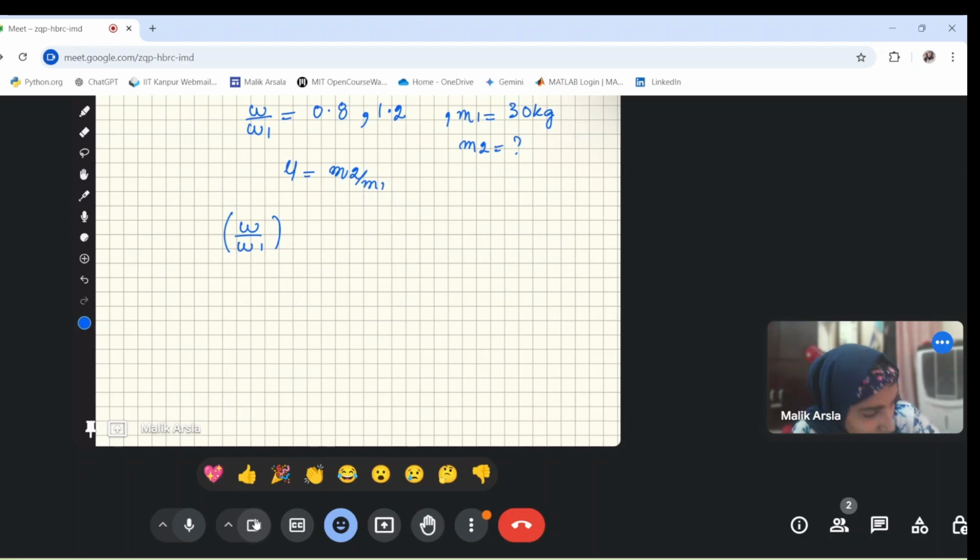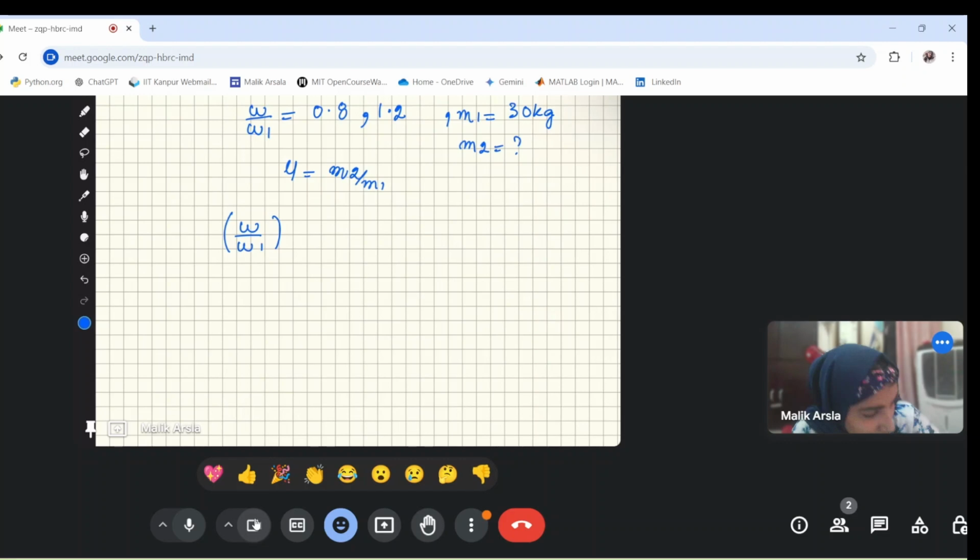Now when you put the value of r equal to 0.8 in this equation, mu is equal to 0.8 to the power 4 plus 1 upon 0.8 to the power 4, minus 2. I have solved this already.